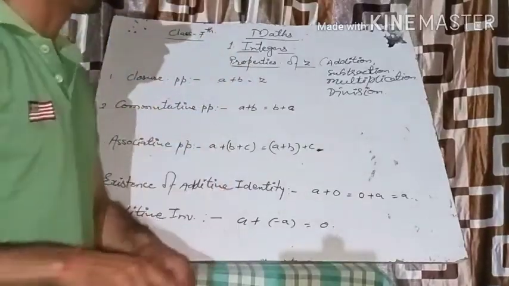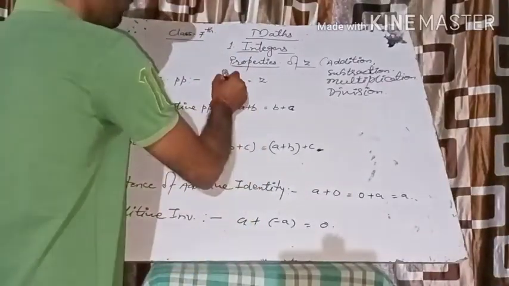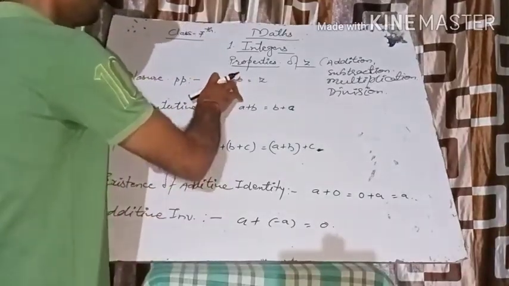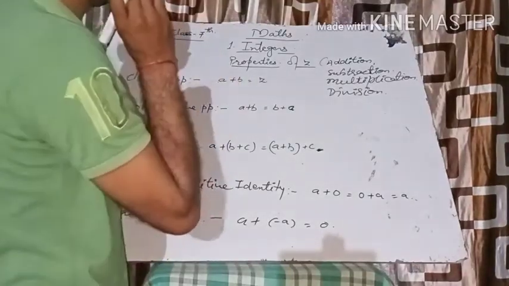In the case of subtraction, integers follow only the closure property.